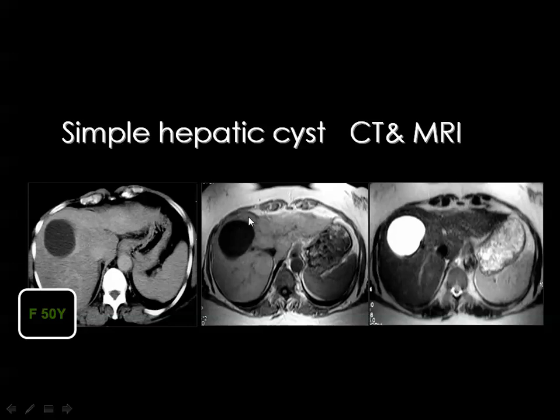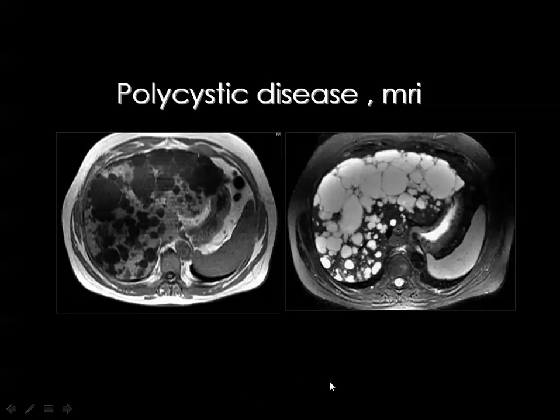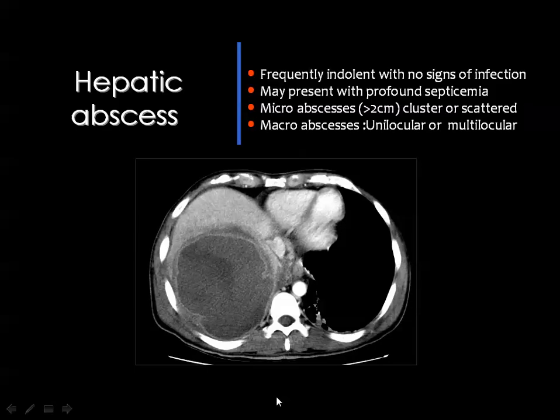In the T1 weighted image, the cyst will show low signal fluid content, and high signal in the T2, and there should not be any enhancement or mural nodules, as I have said. This is polycystic disease by MRI, and you see many variable sized low signal lesions in the T1 and high signal lesions in the T2, diagnostic of polycystic disease of the liver.